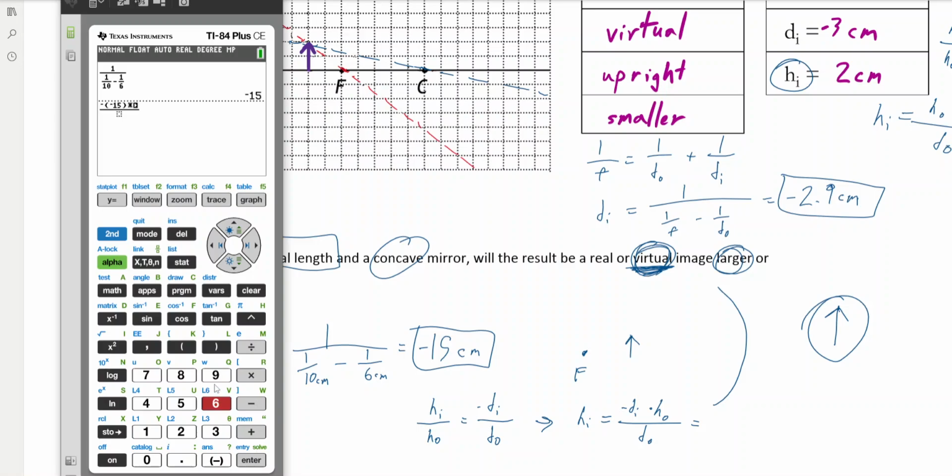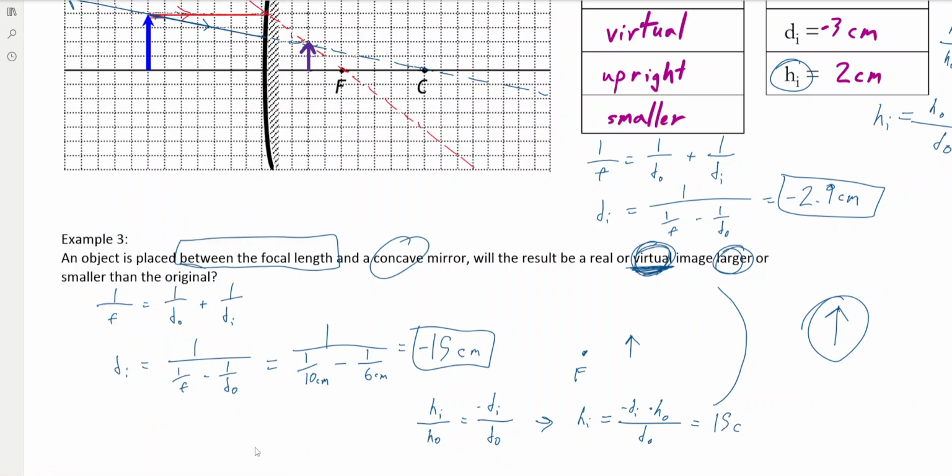So since I made it 6 centimeters away, I'm going to make it also 6 centimeters tall, and then over DO, which is the distance to the object, which I said was 6 as well, which means that it's going to be 15 centimeters tall. So again, I made the object 6 centimeters tall going to 15. That's why it's larger. That's kind of a proof. And it also shows that it's upright, but yet virtual because it's on the negative side.